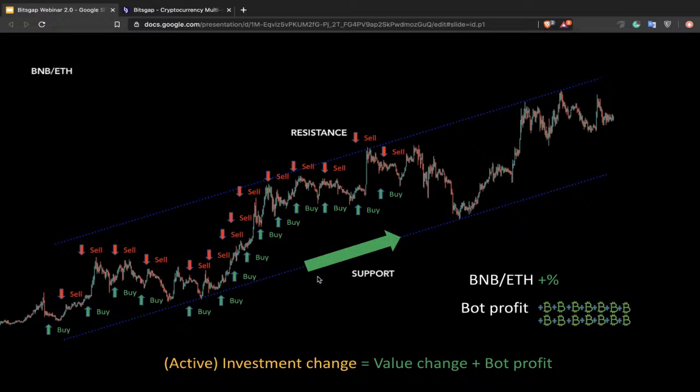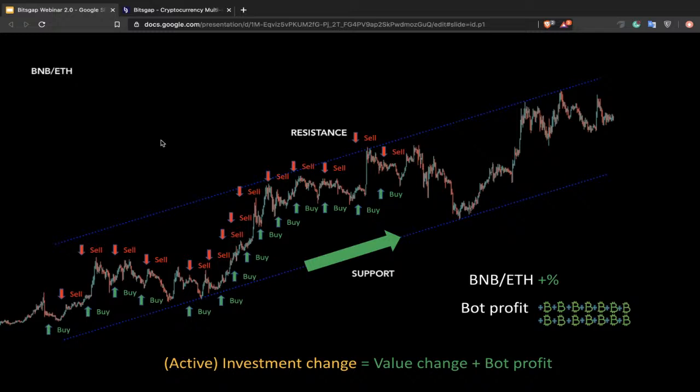This is your aim, to become an active hodler in this case, because a passive hodler would simply buy cryptocurrency, in this case BNB, and wait for the price to appreciate in the future. But with automated trading, you let the bot use BNB to generate extra profits for you, in this case in Ethereum.